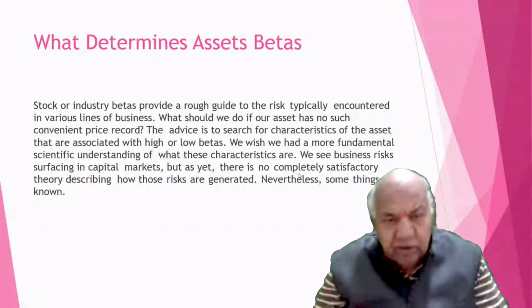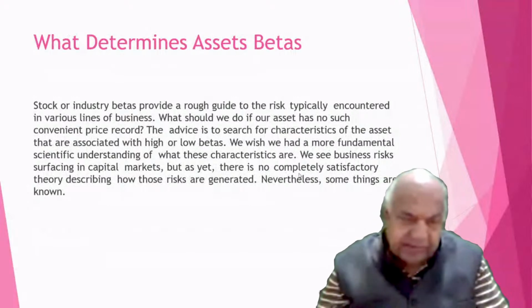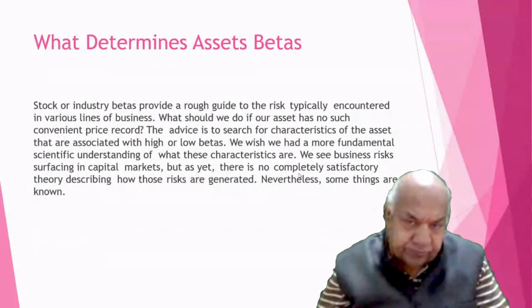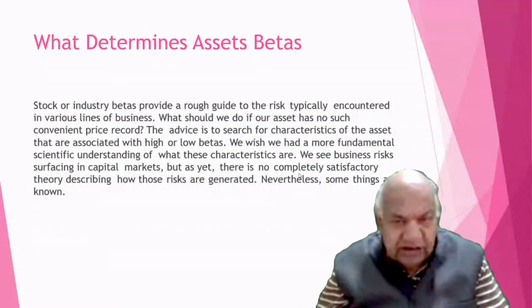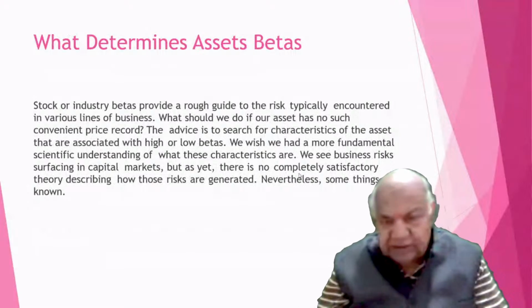What should we do if our asset has no such convenient price record? The advice is to search for characteristics of the assets that are associated with high or low betas.